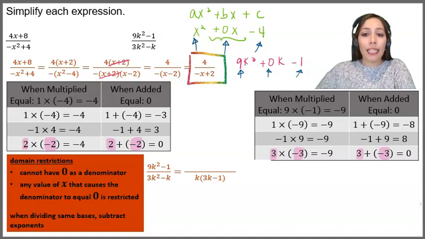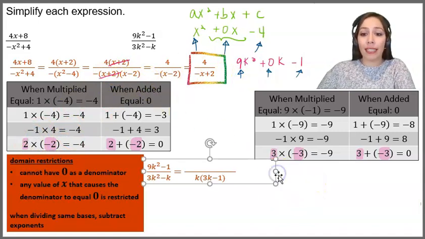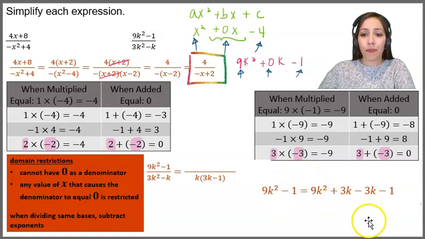Now, because the leading coefficient on this problem was a 9, it was not a +1, we cannot just split it like we did x plus 2, x minus 2 in this other problem. We're actually going to have to take that 9k squared minus 1 and split that into the grouping technique.